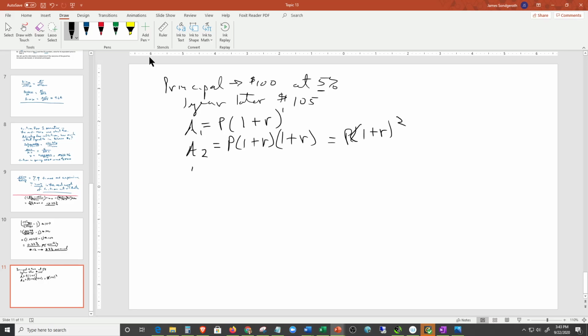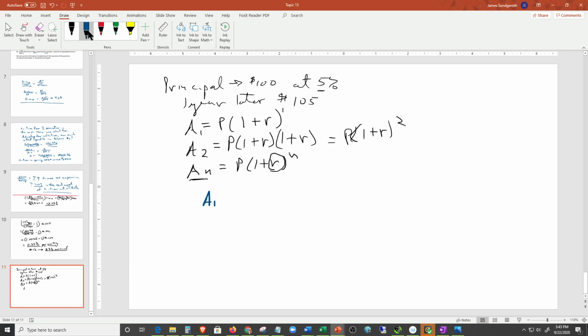And then, of course, you can generalize. It's going to be p times 1 plus r to the nth, okay? Is how much it'll be worth after so many periods of time. Now, what we want to solve for, really over 11 years, would be r. And so I start unpacking this formula by dividing through by p.